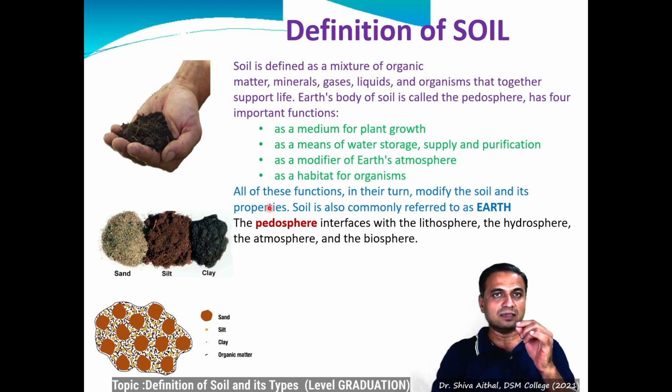Soil is a modifier of earth's atmosphere. Earth's atmosphere is to a great extent controlled by soil. And most importantly, our main area of focus for this whole unit, the main aim for studying soil microbiology, will be soil as a habitat for microorganisms.